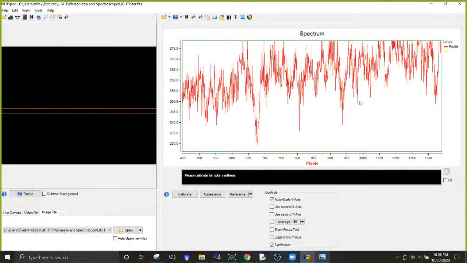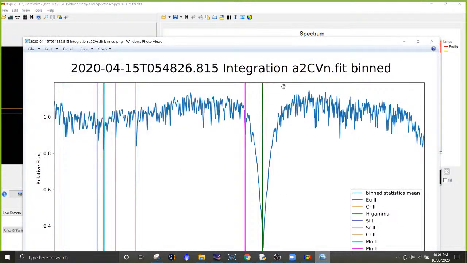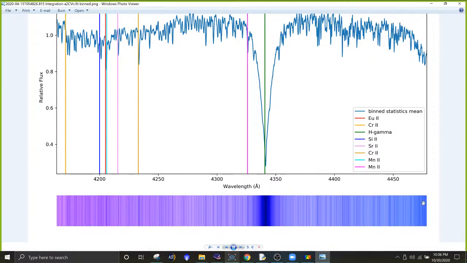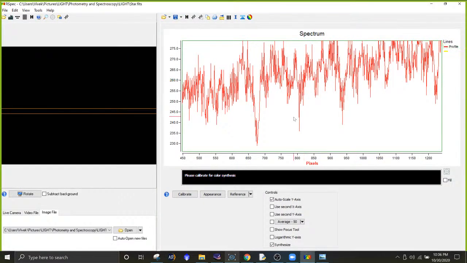You tend to see a lot of metallic lines in this region of around violet. So if you look at the synthesized spectrum, around 4200 to 4500, we're in violet, blue, shorter wavelength territory. This is where you see a lot of interesting metal lines. And this is very unusual because europium, strontium, chromium, these are not elements that are really high in abundance throughout the universe.